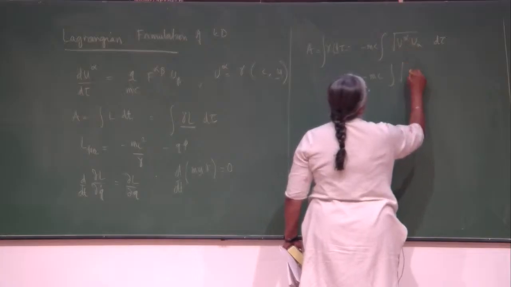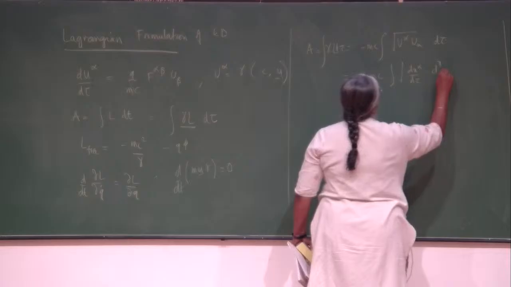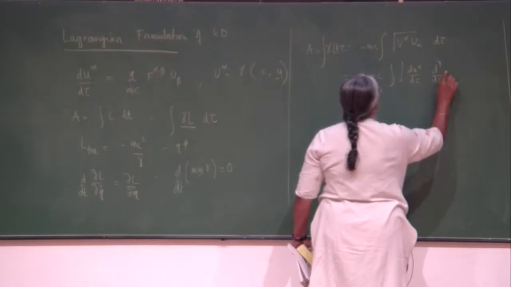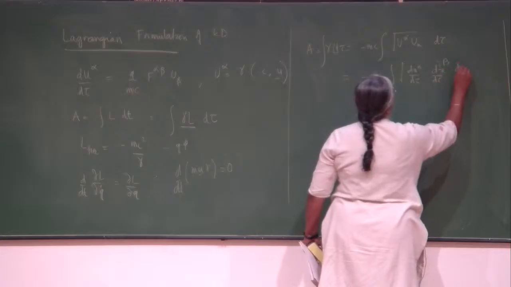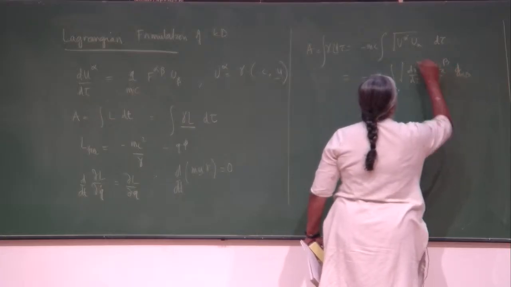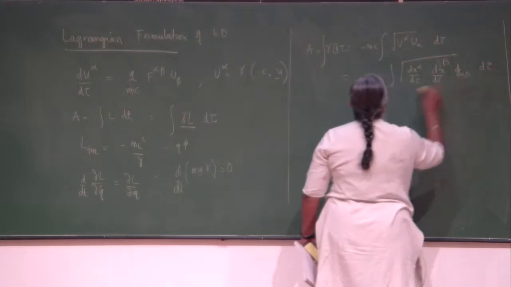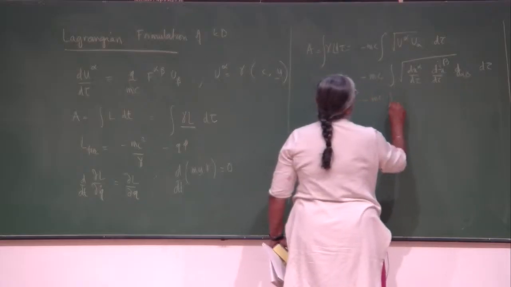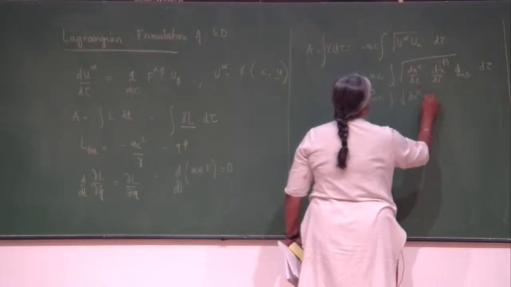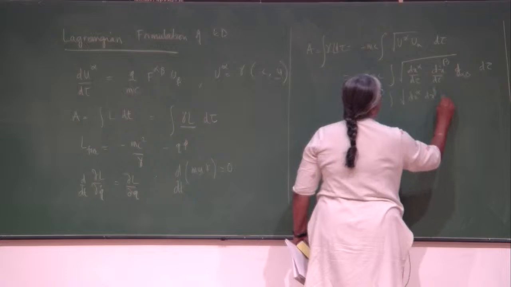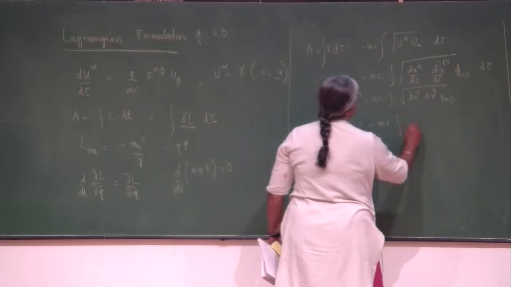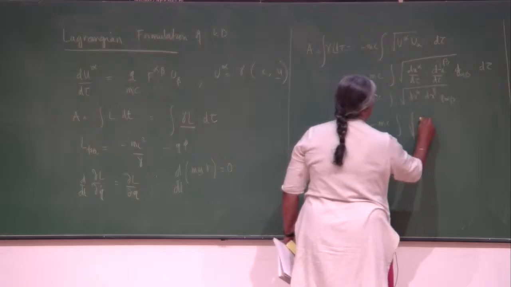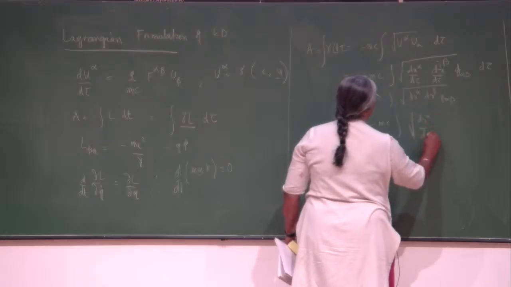So dx alpha by d tau, dx beta by d tau, g alpha beta d tau, that is equal to minus mc dx alpha dx beta g alpha beta. I am using a trick here which is very standard. I will explain to you.